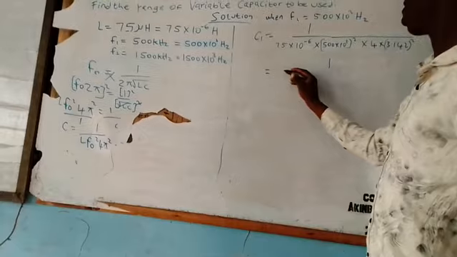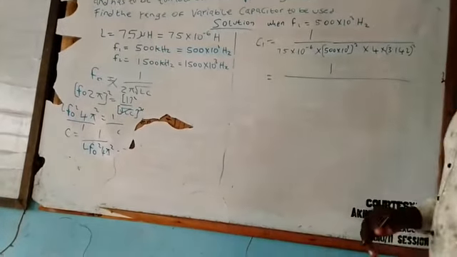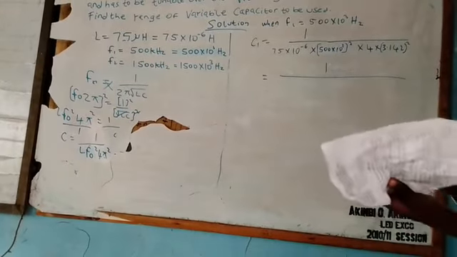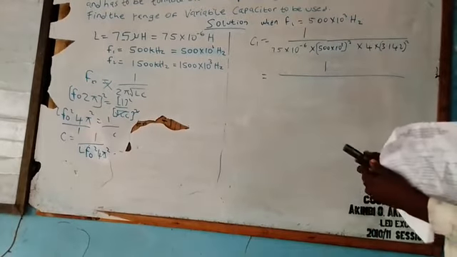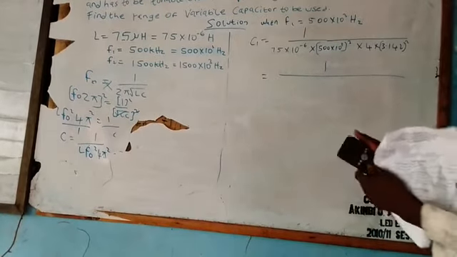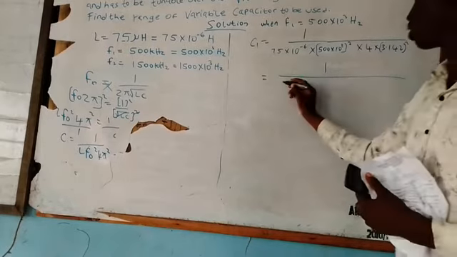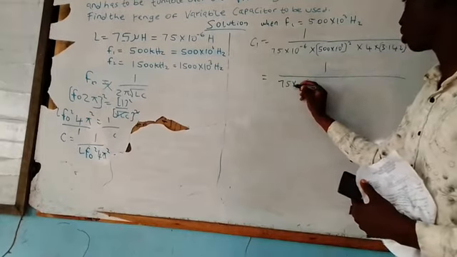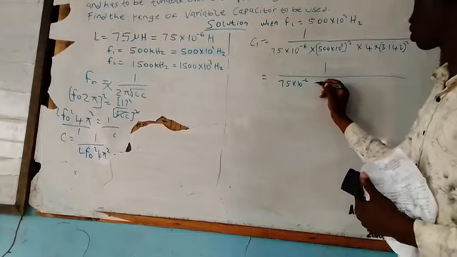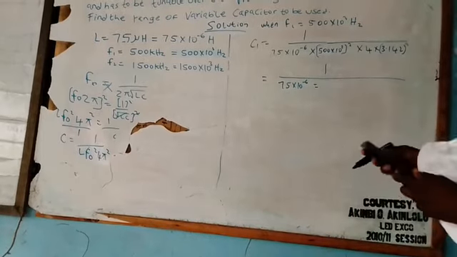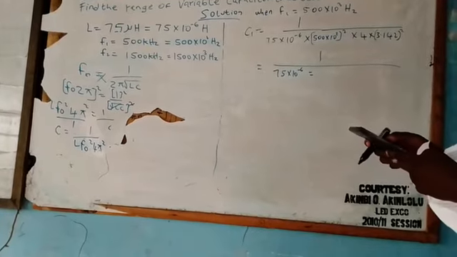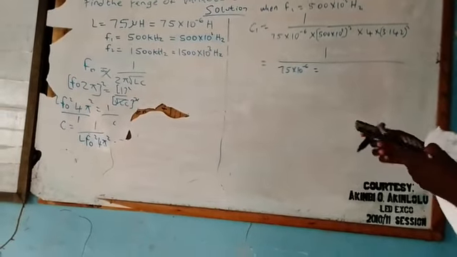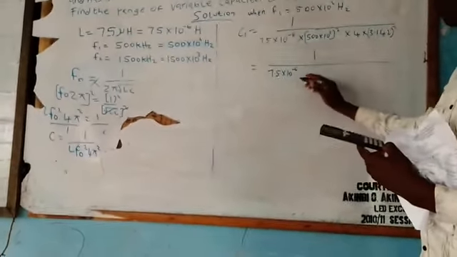Okay, now using my calculator, I can engage with this calculation. I'm going to have 75 times 10 raised minus 6 times, I'm going to first of all open that 500 times 10 raised to power 3. So I'm going to square it. 500 times 10 raised to power 3 square. What do I have for that?